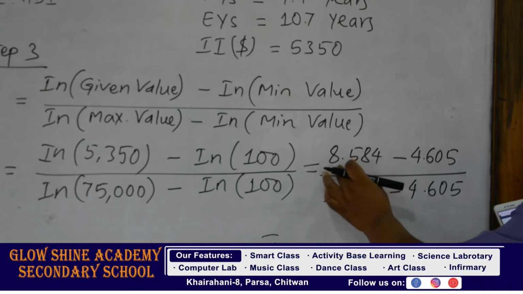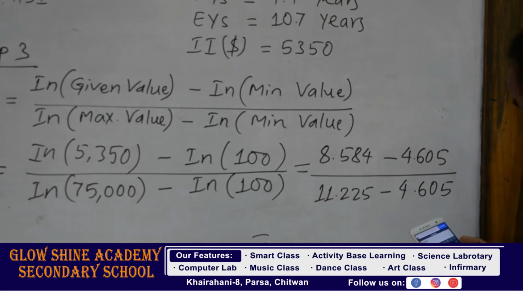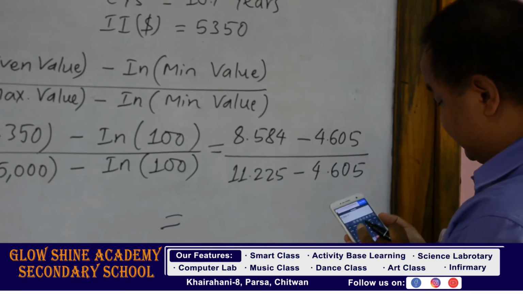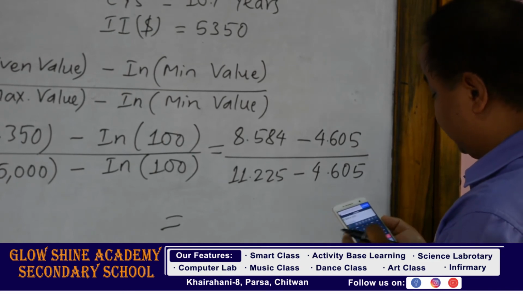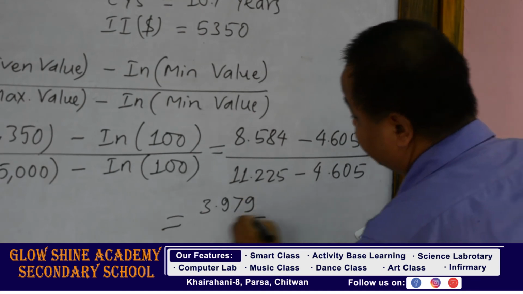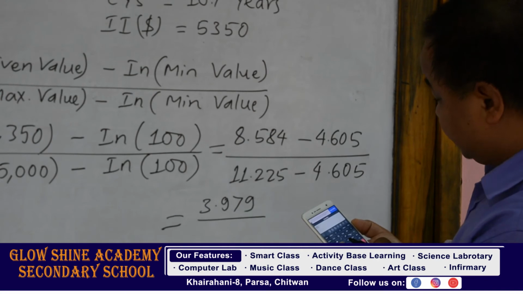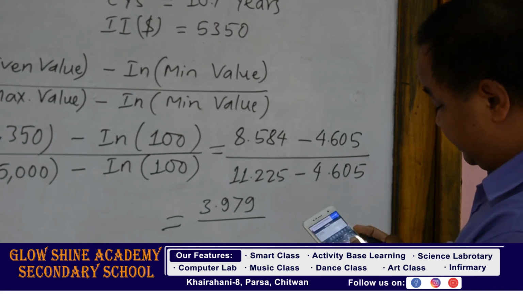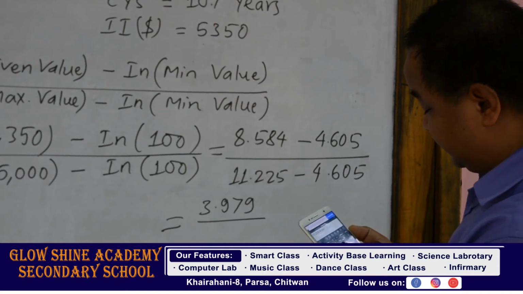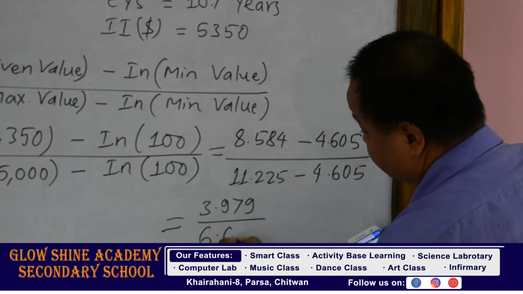Is equal to 8.584 minus 4.605 is equal to 3.979, divided by 11.225 minus minimum value 4.605, 6.62.